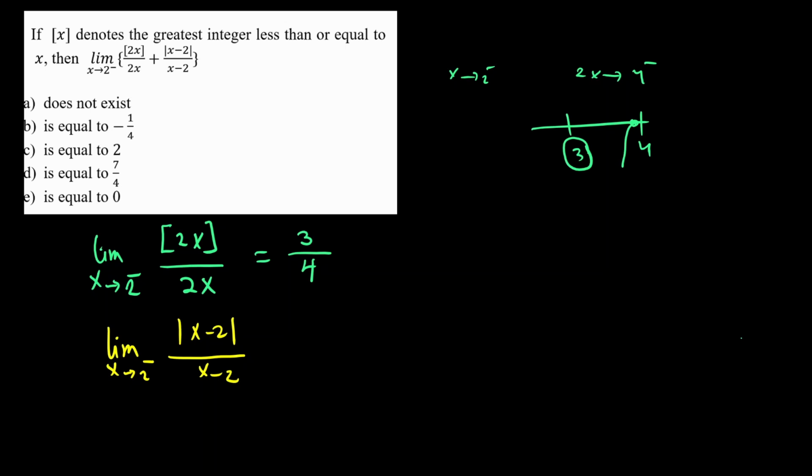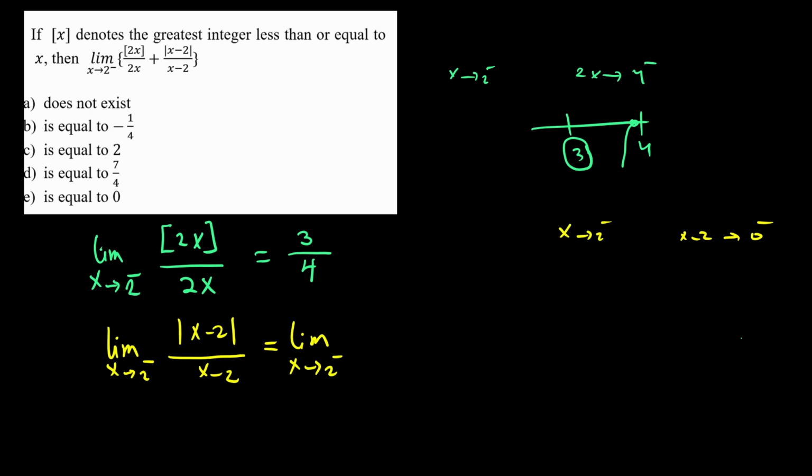Now for the other limit, let's look at what the sign of the argument of the absolute value of x minus 2. Now, as x goes to 2 from the left, we know that x minus 2 will go to 0, but also from the left, which means that it will be a little bit less than 0, and it will bear a negative sign. In order to release the absolute value sign, we have to multiply the argument by minus sign.